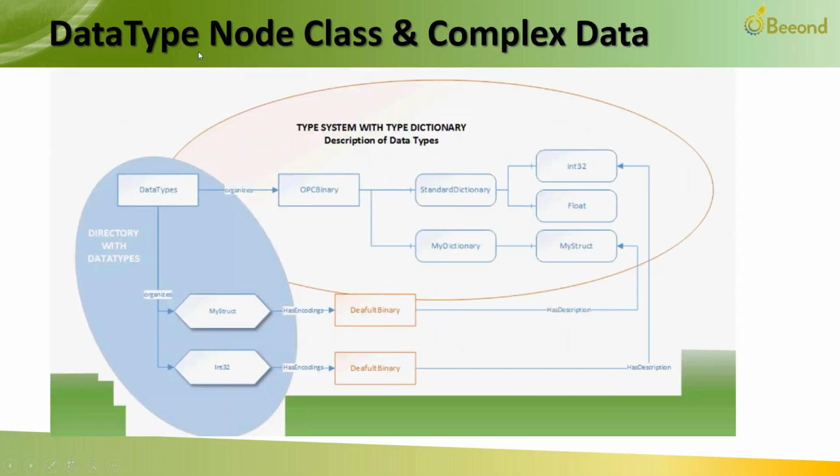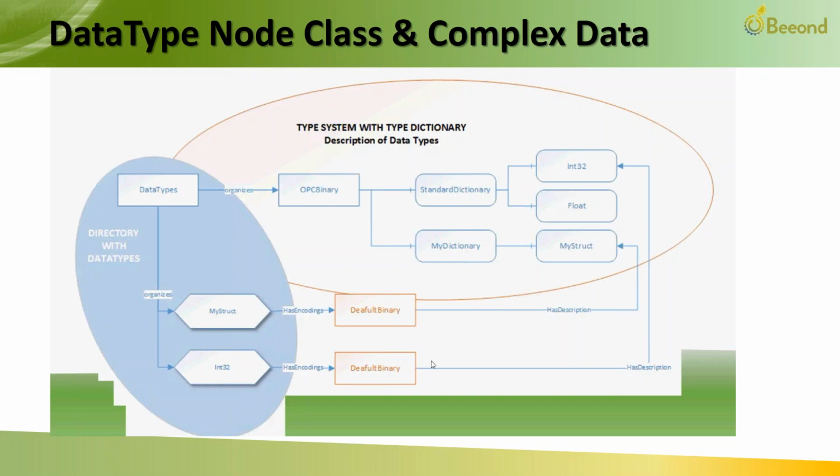Click. The data type node. The data type is, when you model your types, you will see an example. You can have basic data types, your integers, your floats, and so forth, but you can also have structures. And for the structures, there are some that come from the OPC UA specification and others that you might define yourself.